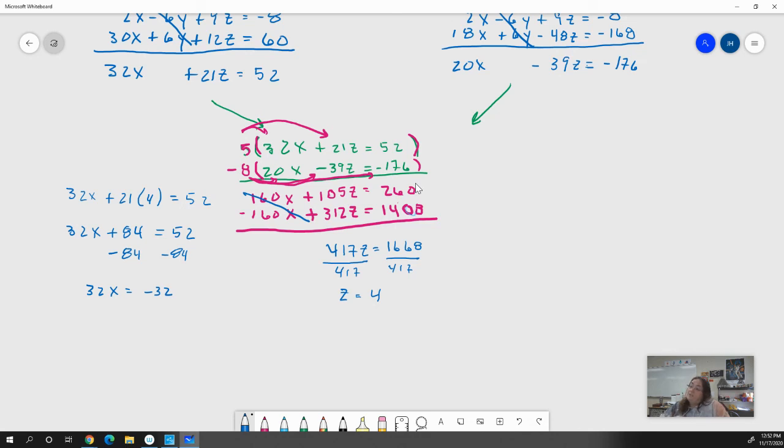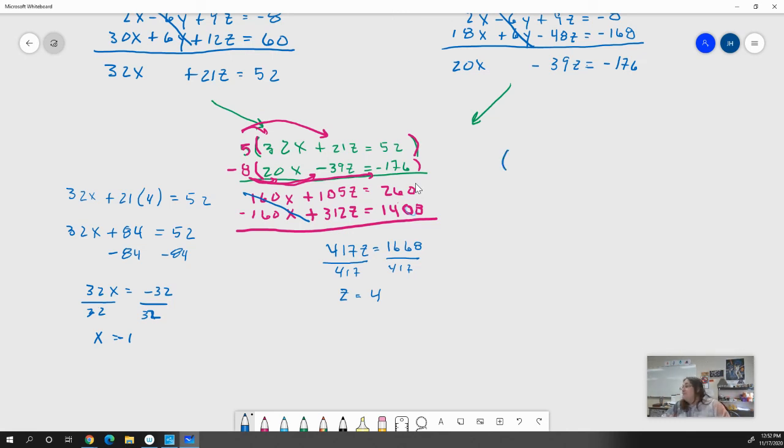And now we have this 32 that's being multiplied to x, so I'm going to go ahead and divide by 32 and divide by 32. I get x equals negative 1. Now I know what my x is, and now I know what my z is, right?